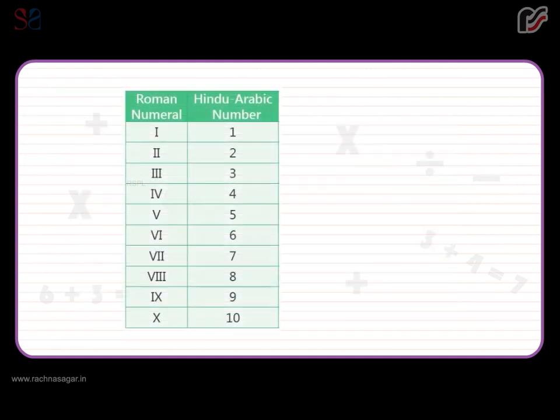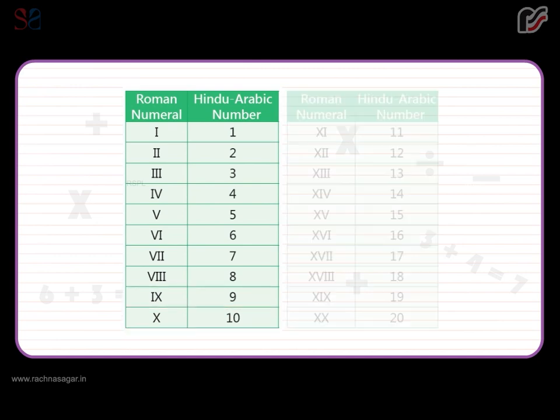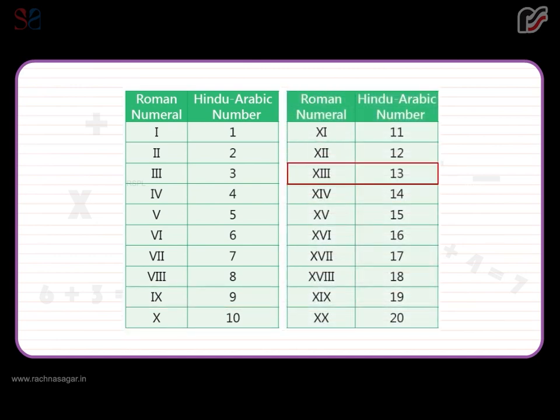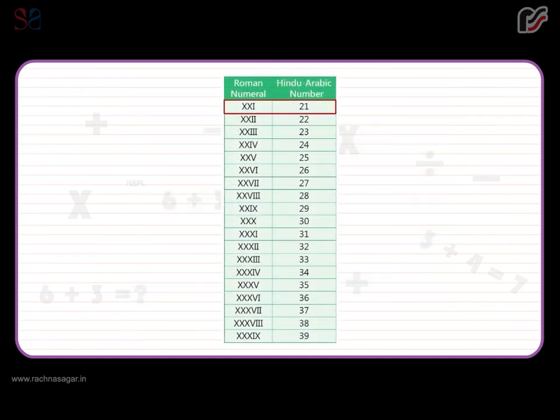Roman numeral, Hindu-Arabic number: 1, 2, 3, up to 39.